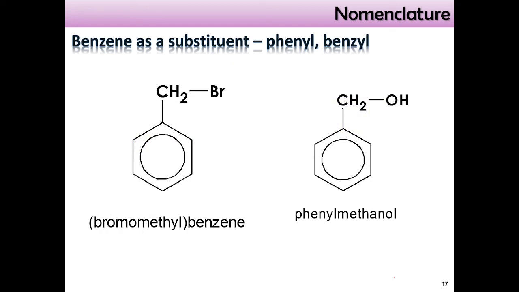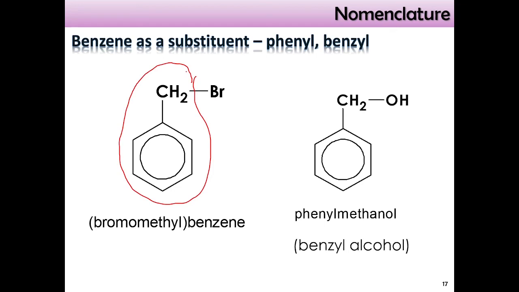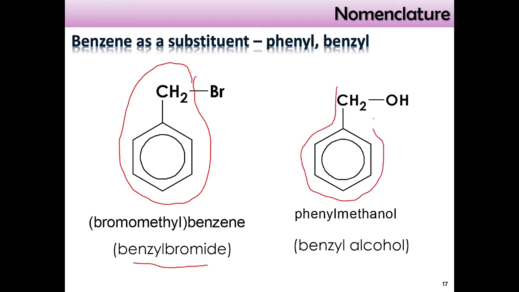Okay, benzene as substituent. Okay, the same thing you can refer. But this one is benzene. Benzene is this part. Okay, bromomethylbenzene, or we can name it benzyl bromide. The same thing for this one. This whole thing is benzyl. So benzyl alcohol or phenylmethanol.